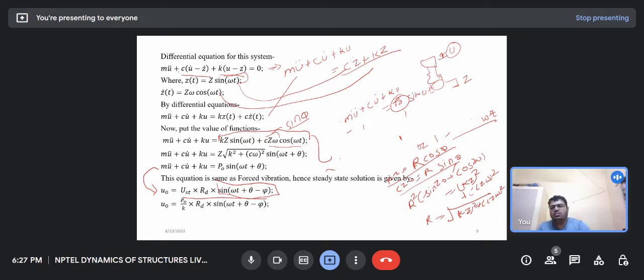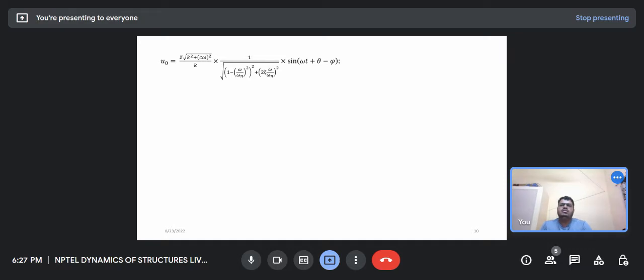And what is my p naught? p naught is this magnification factor, or you can call it a loading factor. So if you put this value at the place of p naught, you get p naught by k, and this is my rd.